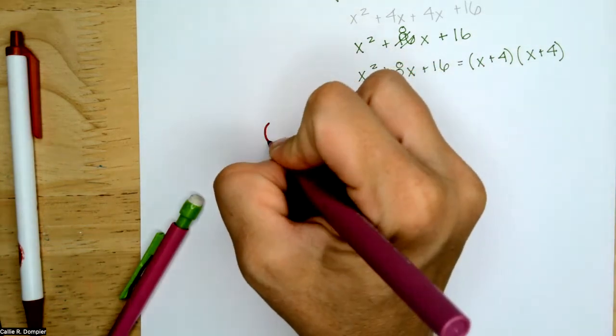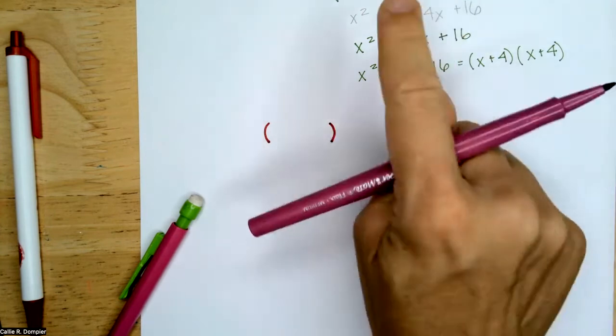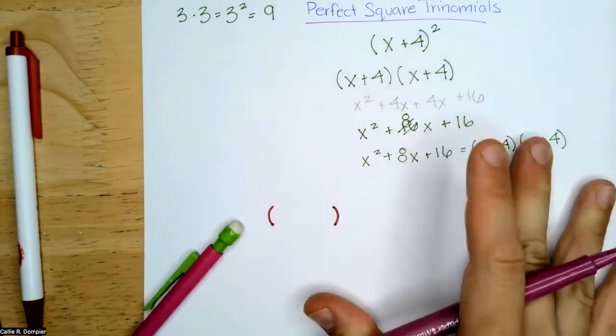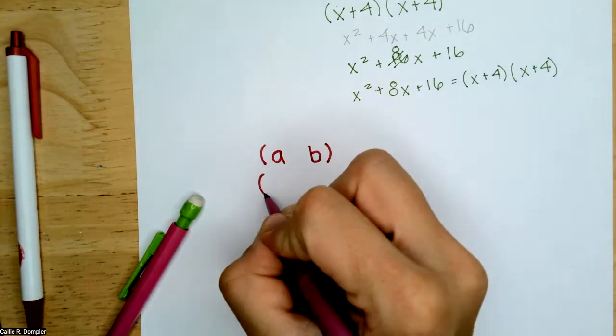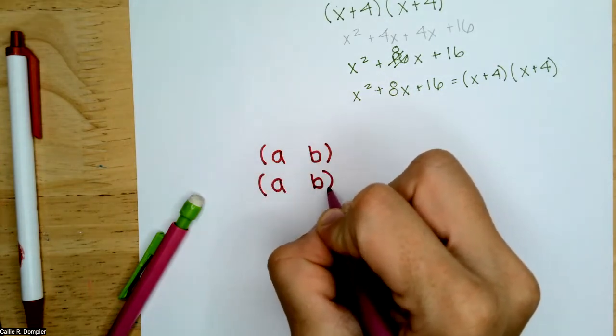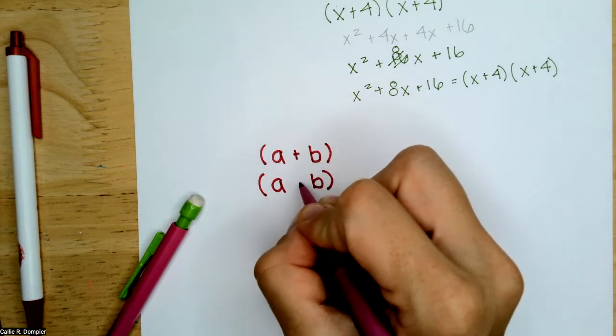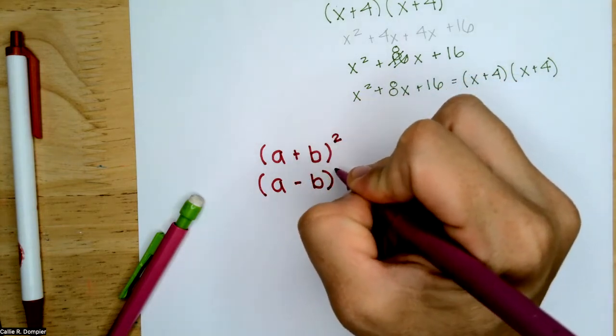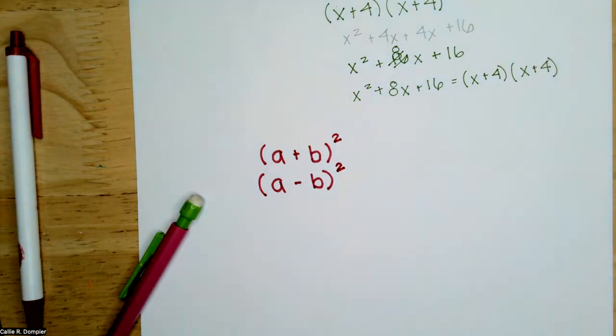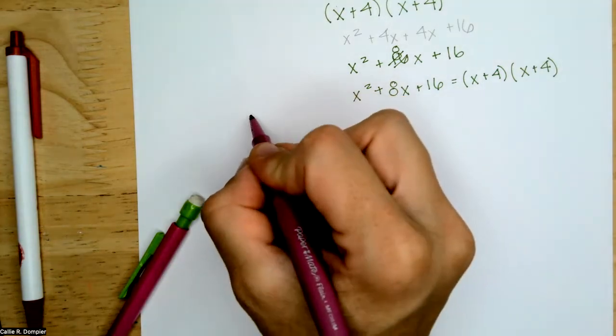Here is your binomial. A binomial only has two terms, right? X and 4. So I'm going to call them A and B. You can either have A plus B or A minus B. But remember, it is being multiplied by itself, so we have a squared symbol right there. Okay, so this is the binomial.